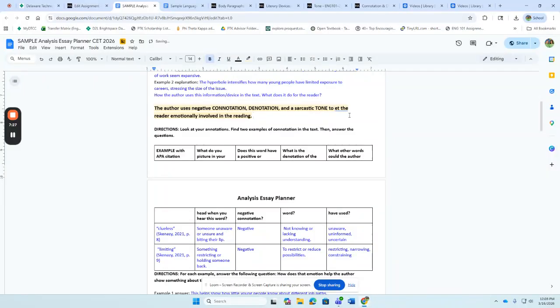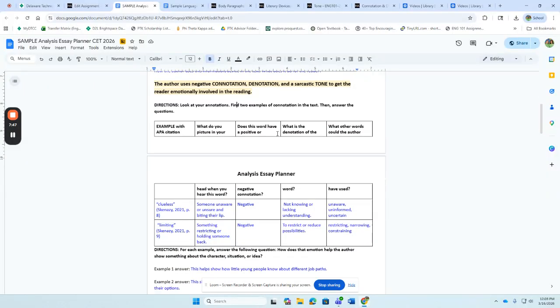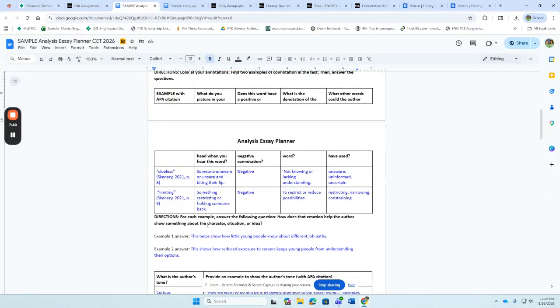Notice what I did here. I made sure that my claim sentence included both of the concepts, because every single time you write a claim sentence, you have to let the reader know what it is that you're talking about. So this is a little example. Then I'm going to make sure that I use all of this information in my planner as I go along.